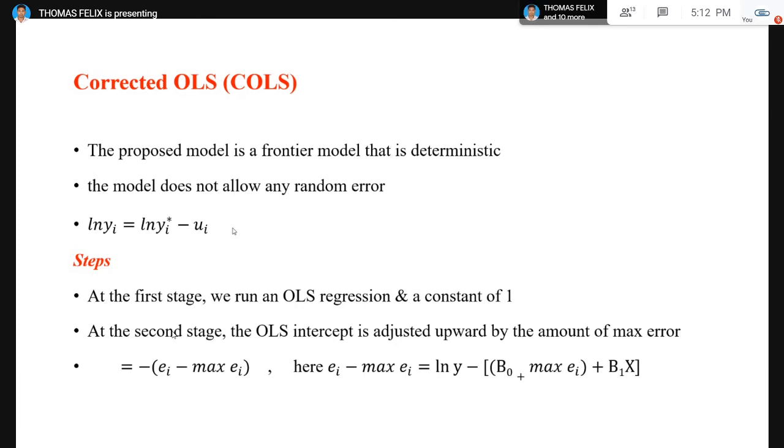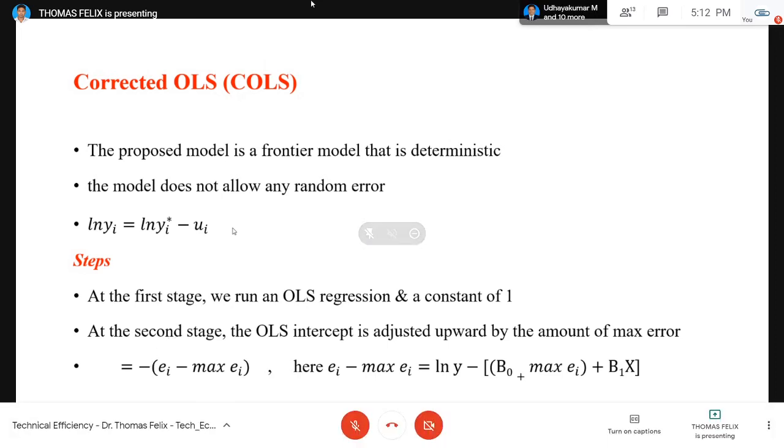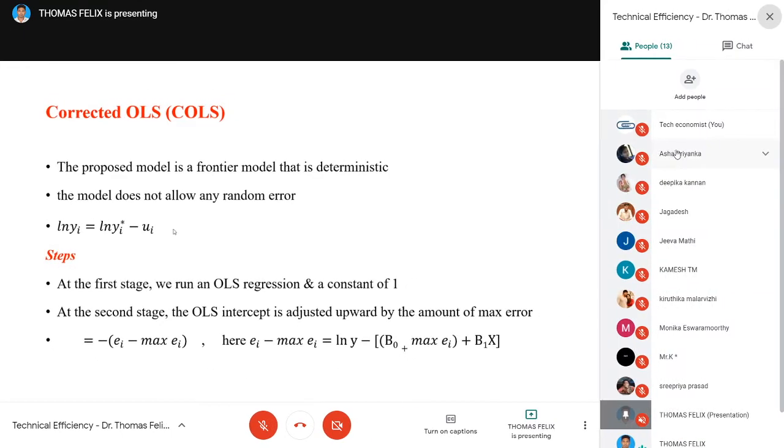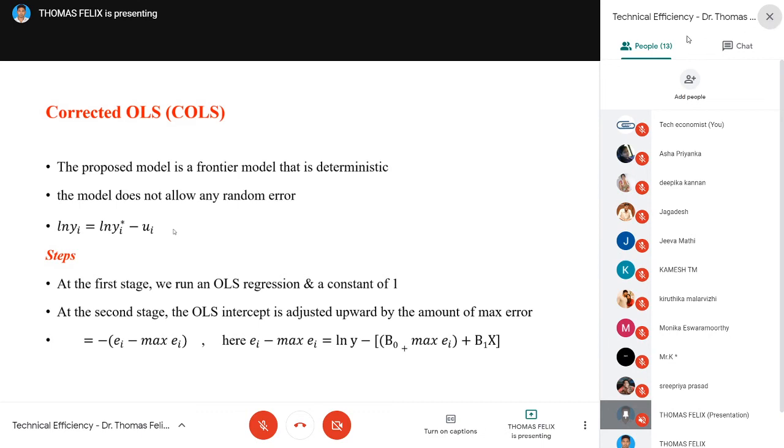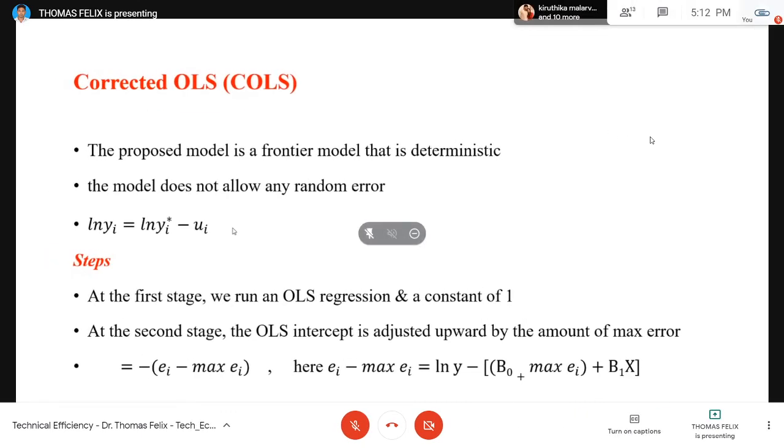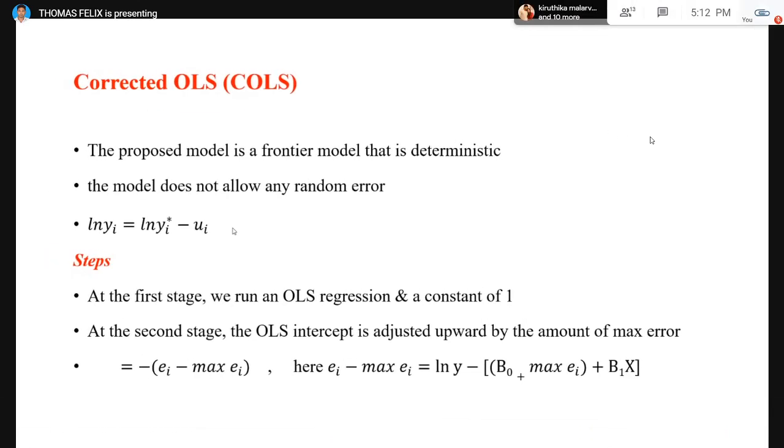Usually in the real world, random errors also occur. But in corrected OLS, it takes the whole error as an inefficiency error, so it does not provide room for random error. That is the major limitation of using distribution free approaches to calculate technical efficiency.